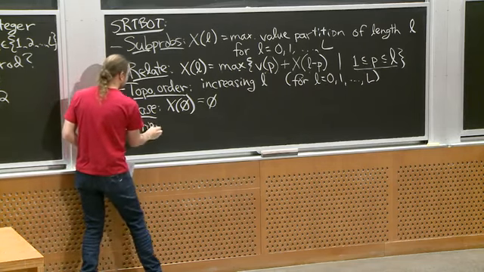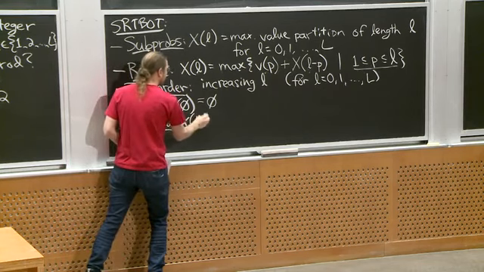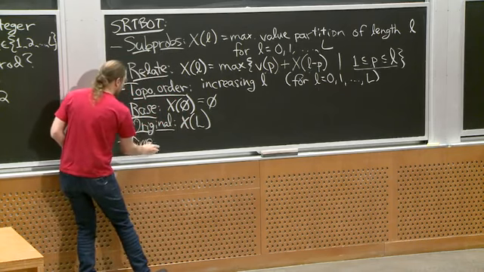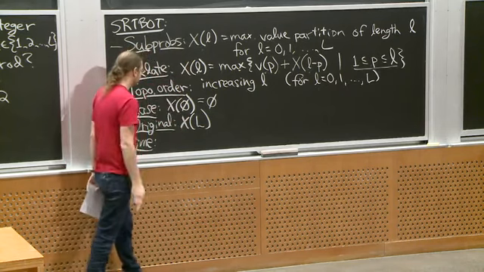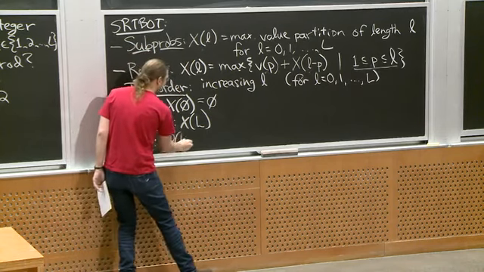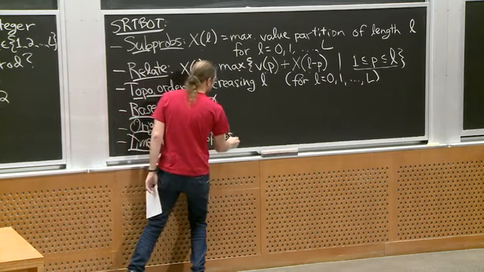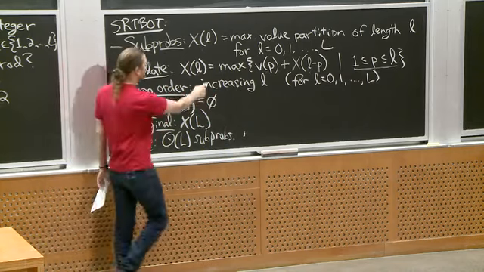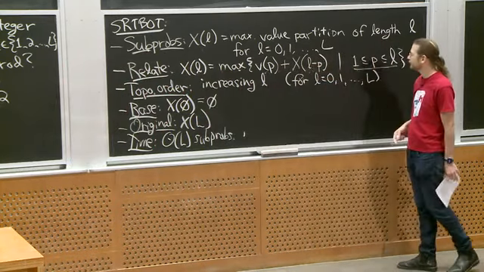OK, then we have the original problem, which is just the length L rod. And then the time to compute this thing: how many subproblems are there? Capital L plus 1. So we'll say theta L subproblems. And we'll multiply by the amount of time to evaluate this max, just a constant number of things in here, not counting the recursive call.